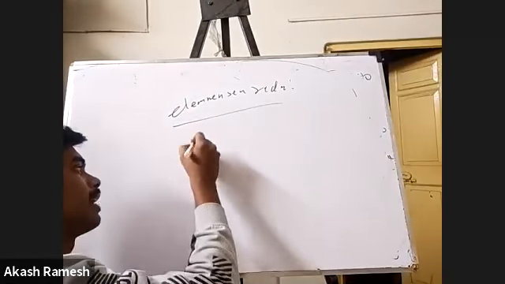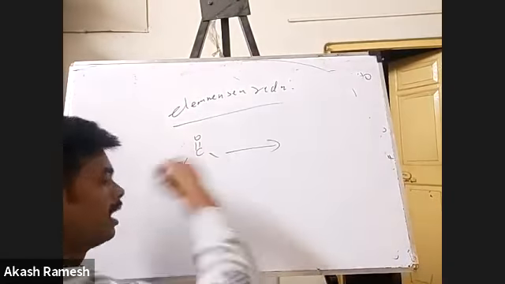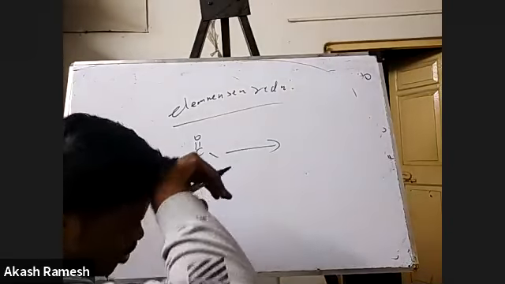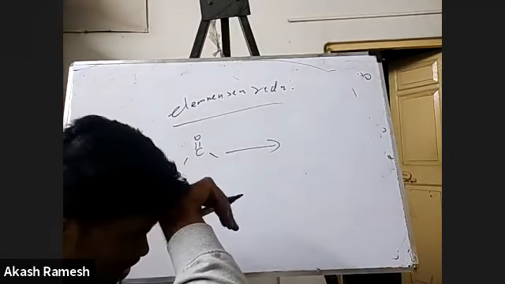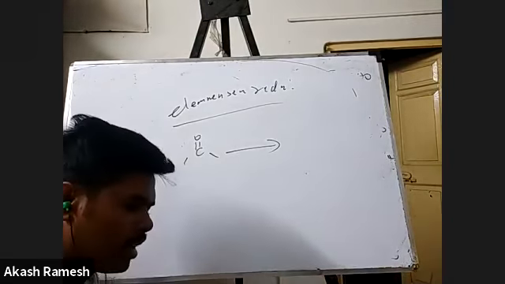So first we'll take the Clemmensen reduction. If I have a C double bond O and I have to go for, wait, Wolff-Kishner will be hydrazine.